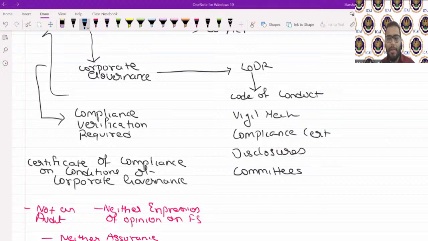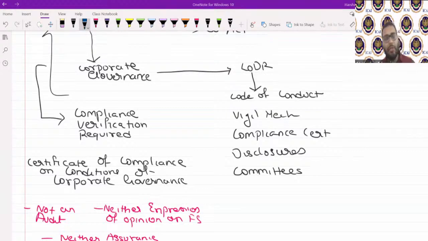Corporate governance is a system by which management directs and controls the activity in the best interest of the company. There are some practices and guidelines they need to follow in order to be efficient and effective and to address the needs of the stakeholders.